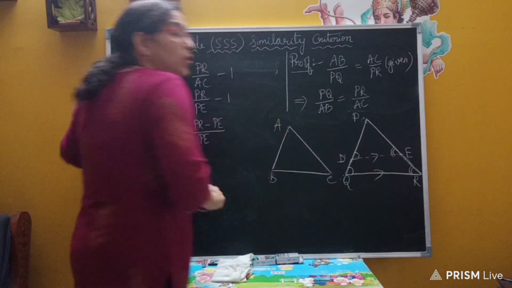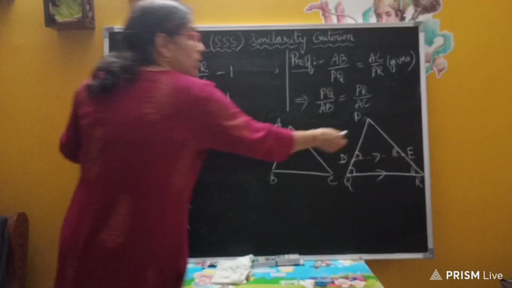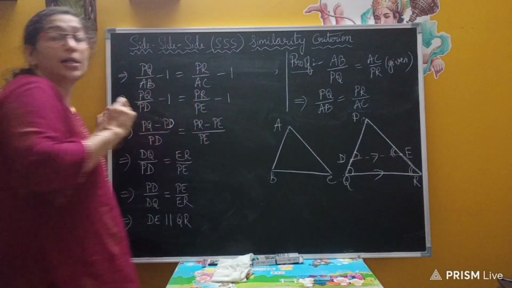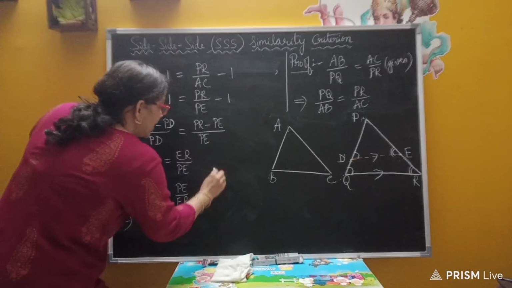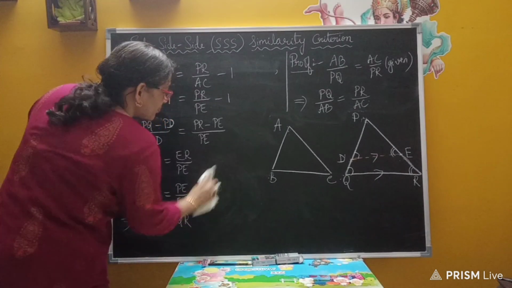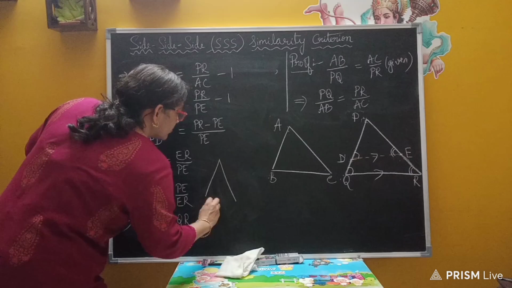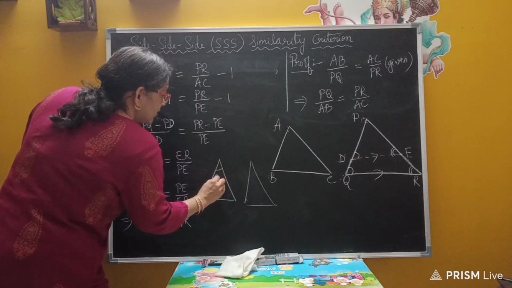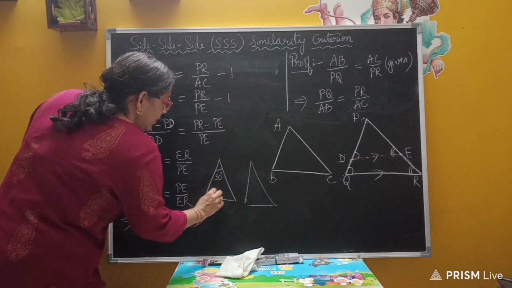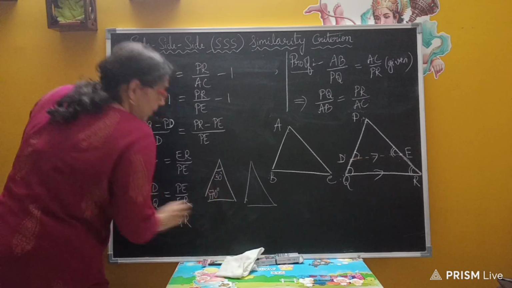If two pairs of corresponding angles are equal, what do you say about the third angle? You know the angle sum property. Suppose in two triangles, here it is 30 degrees and here it is 70 degrees.